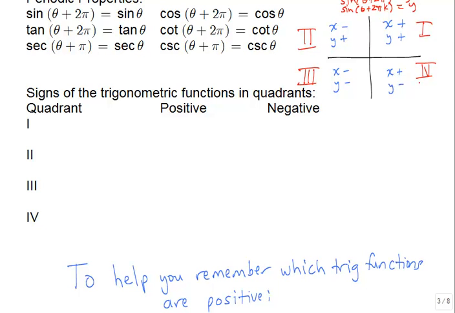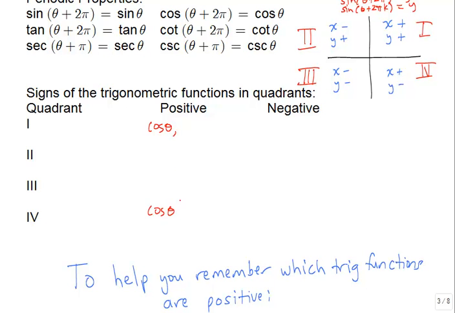So you have to remember how all of these are defined. X is cosine. So x would be positive in quadrant 1, so that makes cosine positive in quadrant 1. X is also positive in quadrant 4, so that would make cosine positive in quadrant 4 as well.